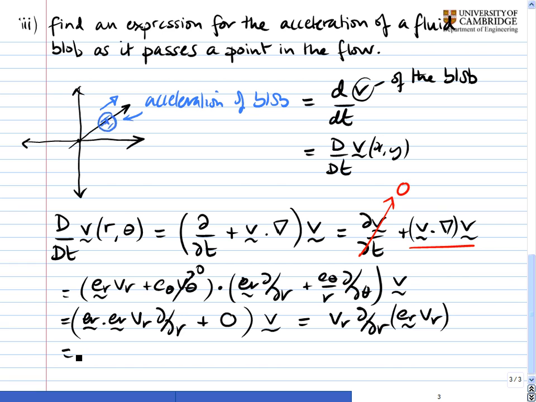Now we know that there's no variation in the r direction of the unit vector, so that can come out, er to the outside, and then we get vr d by dr of vr.